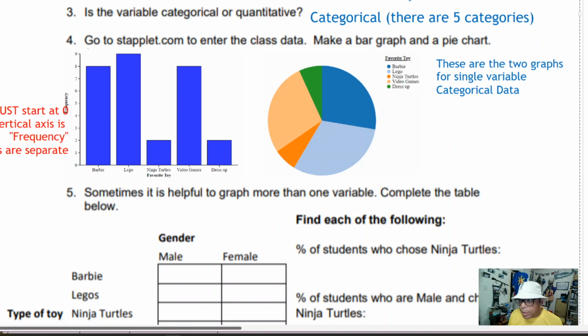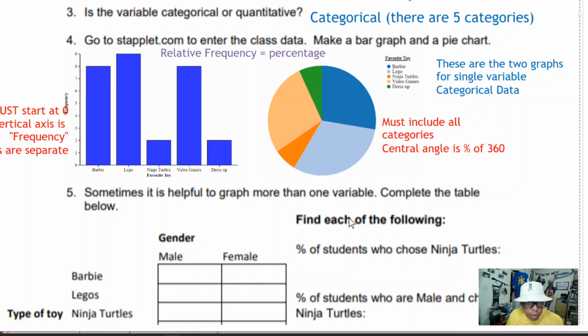A couple of other tips to talk about here is that we must start at 0 on our vertical axis for the bar graph, and also the bar graphs are separate. Most of the time when we do our bar graphs, we're going to be doing this in counts or frequencies, but it is also possible to do a bar chart using relative frequency, and relative frequency means percentage.